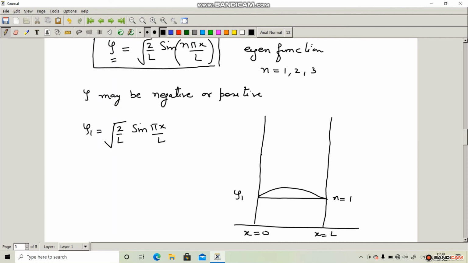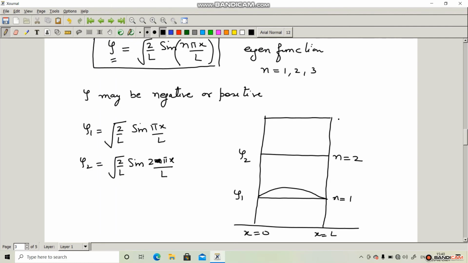And again, if n becomes equal to 2, then psi 2 is under root 2 upon L sin, n is 2, sorry, this is 2 pi x over L. Psi 2 is equal to under root 2 upon L sin 2 pi x over L. This is psi 2.